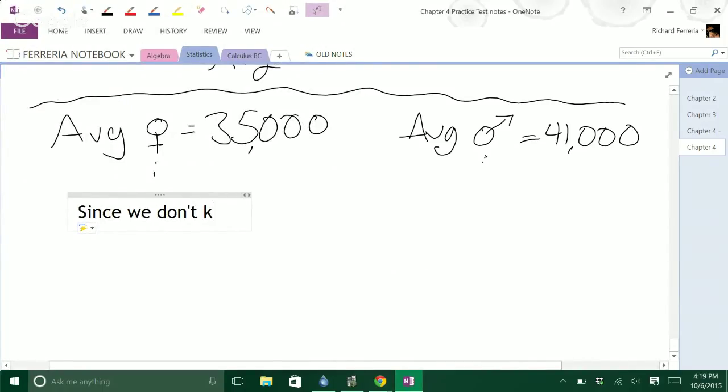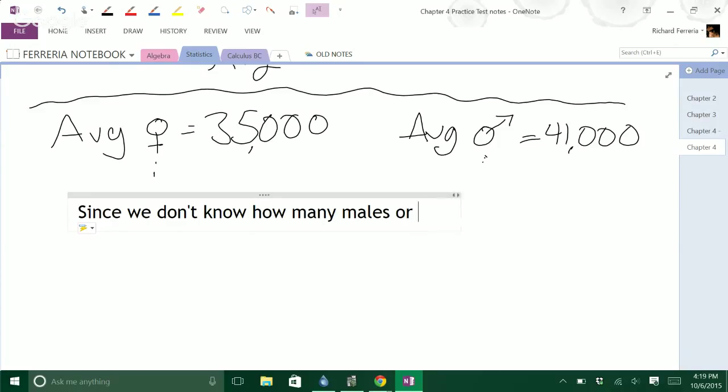Since we don't know how many males or females are in the company, so what should we say? We cannot calculate the average salary.